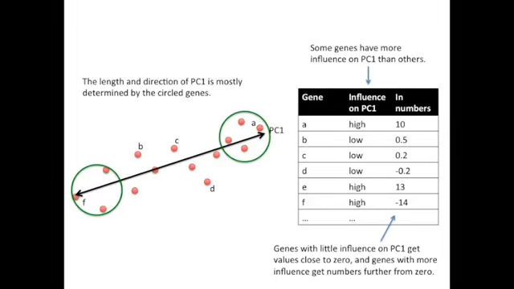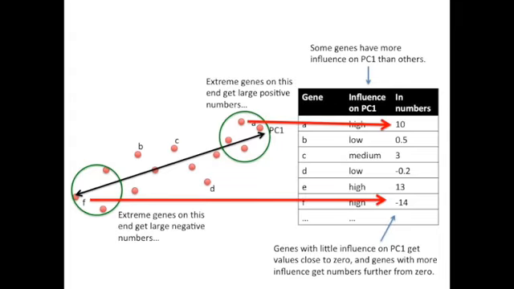We could also use quantitative scores for each gene. So genes with little influence on principal component 1 would get values close to 0, and genes with more influence would get numbers further from 0. Genes on opposite ends of the line would get similarly large numbers, but with different signs.